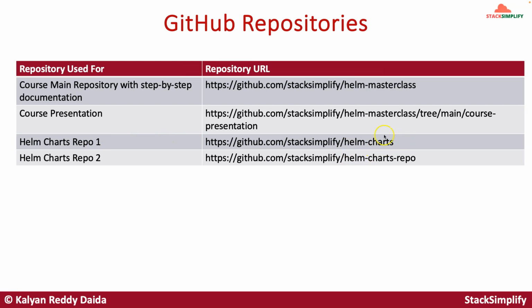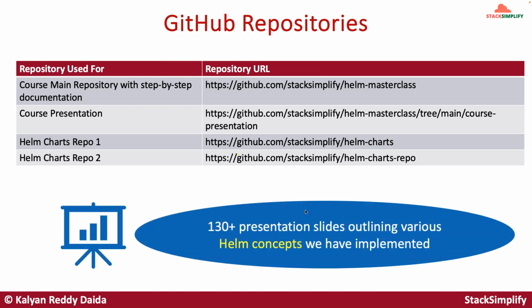All this information is provided so it will be easy for you to refer to. In addition, we also have 130 plus presentation slides outlining the various Helm concepts we have implemented, and this course presentation, as I said earlier, will be present in the course presentation folder on our Helm Masterclass Git repo.